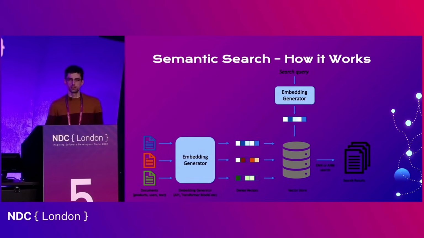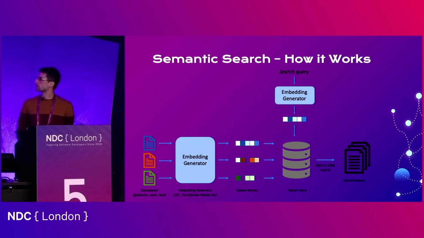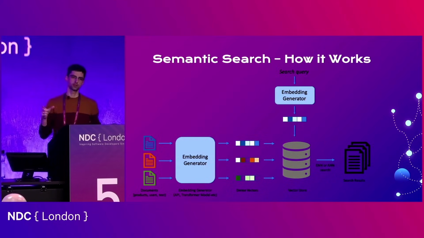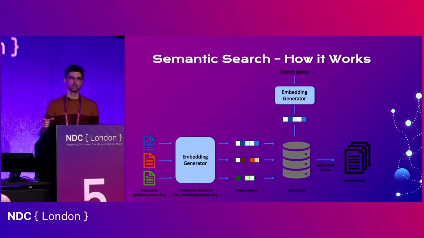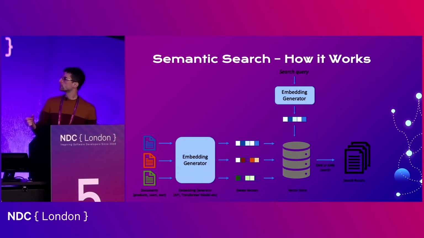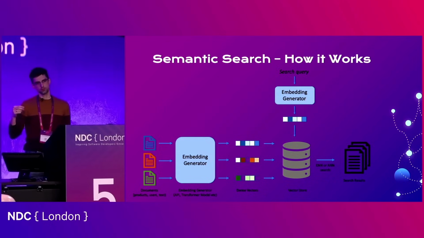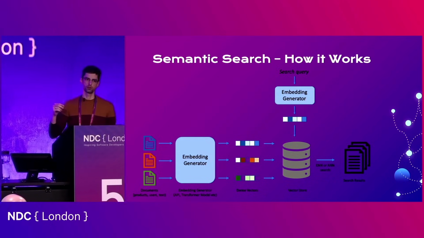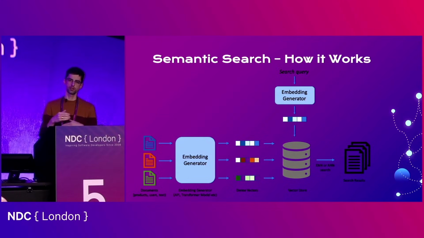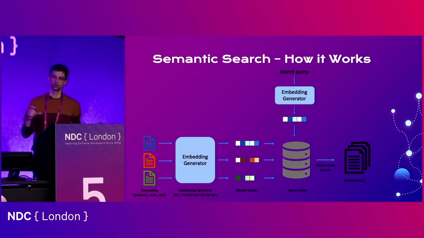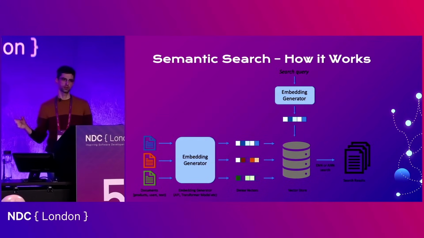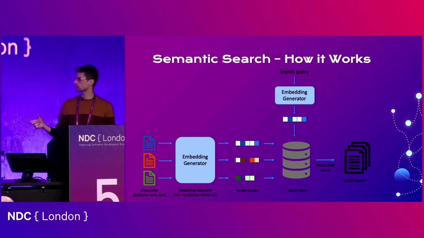Then when the user wants to search for something, we take the search query, generate the vector embedding again, and run the vector search on the database to find the rows that are closest to the vector embedding generated from the query term.